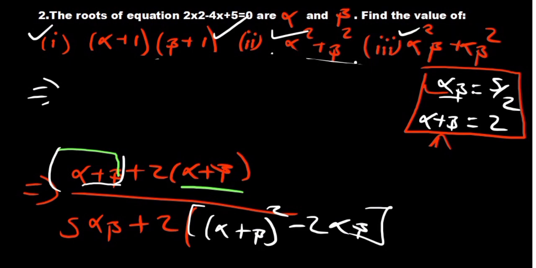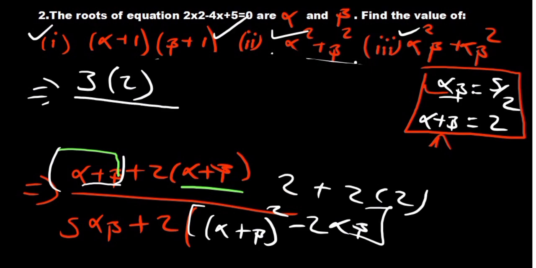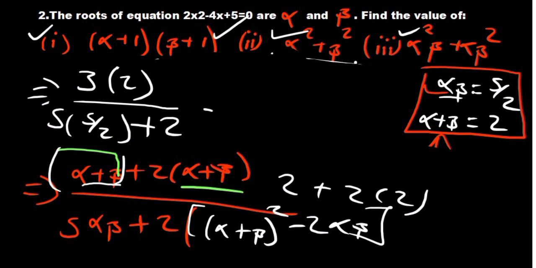So we can just say 3 alpha beta. So alpha beta is 2, because whenever you say 2 plus 2 times 2, it will still be 6. Okay. So you want to make your life easier and simple. So then 5 multiplied by alpha beta is 5 over 2, plus 2. Then in the brackets we have alpha plus beta squared. So that is a 2 squared minus, then alpha beta is 5 over 2.